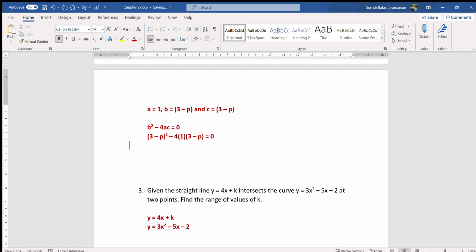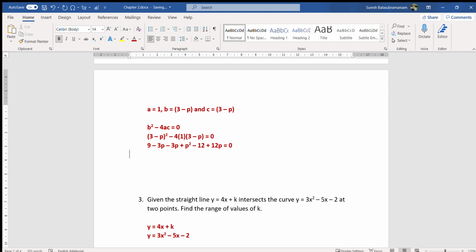Now expand this. 9 minus 3p minus 3p plus p squared minus 12 plus 12p equals to 0. So rearrange.